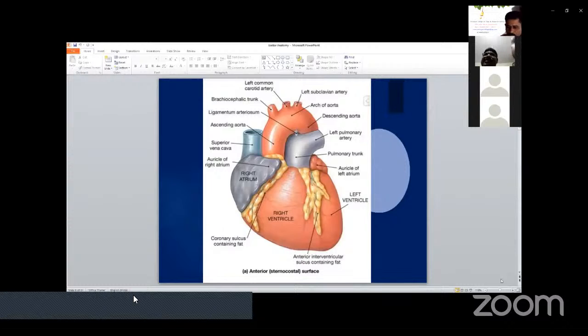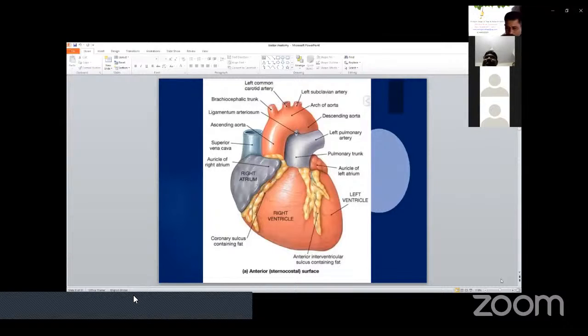When the right ventricle is filled, it contracts and sends the blood to the lungs. The right ventricle receives deoxygenated blood and passes it to the lungs through the pulmonary valve. Next, the left atrium.